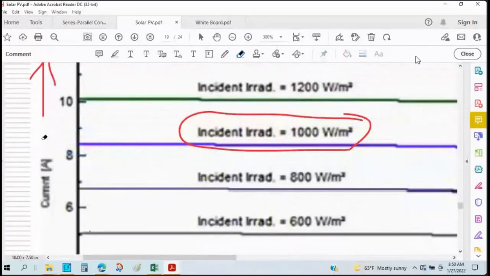Sir, maybe it's 8.4. Okay, you can approximately say that because this is 9, right? We can say 8.5. So we can consider 8.4 approximately because it's lower than 8.5.